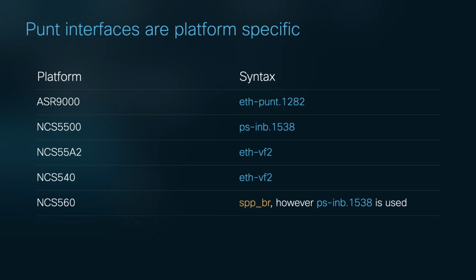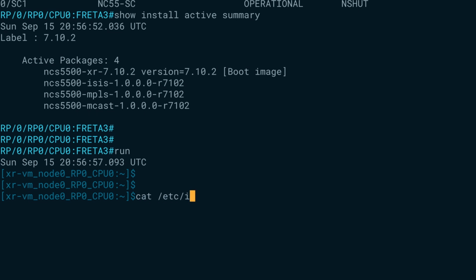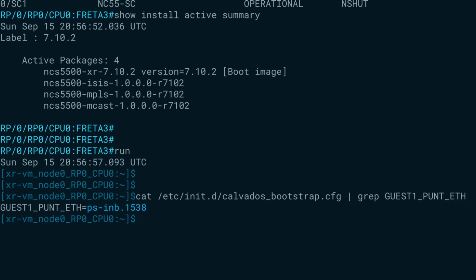Instead of trying to remember it, the punt interface can be found by reading the bootstrap config file named calvados_bootstrap.cfg and searching for the guest1_punt_eth string using Unix cat and grep commands. cat /etc/init.d/calvados_bootstrap.cfg pipe grep guest1_punt_eth in uppercase.